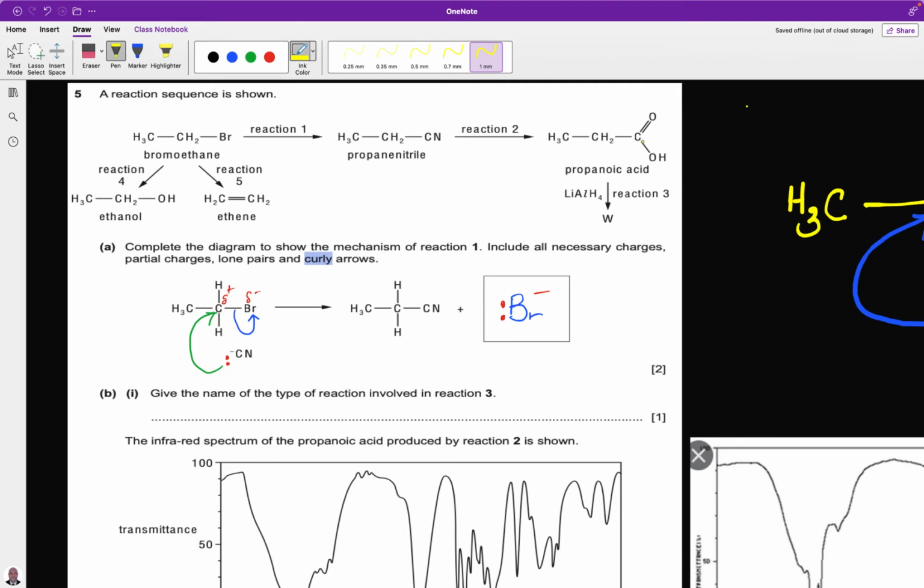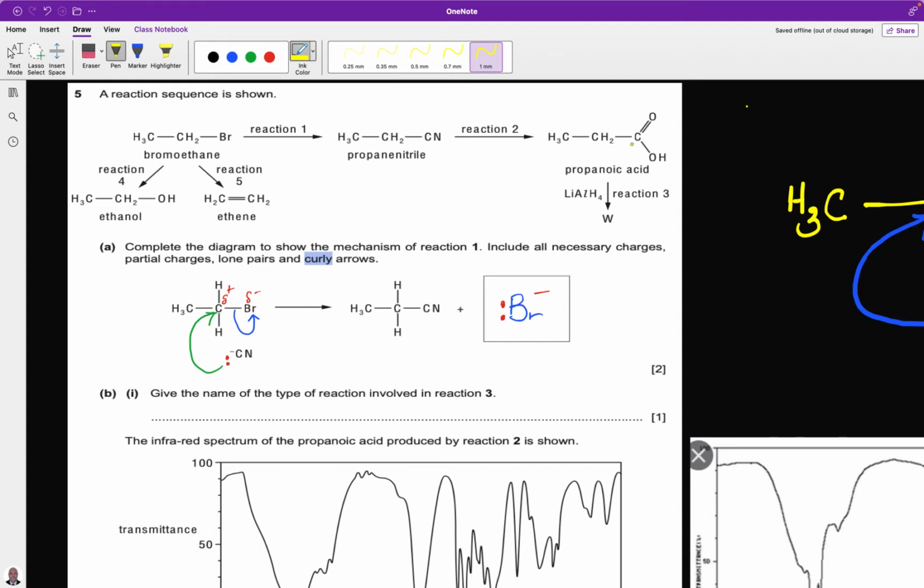If it was ethanoic acid, for reduction, we will have ethanol. If it was butanoic acid, we will have butan-1-ol. So this is a primary alcohol.